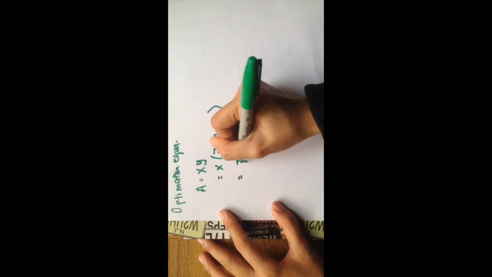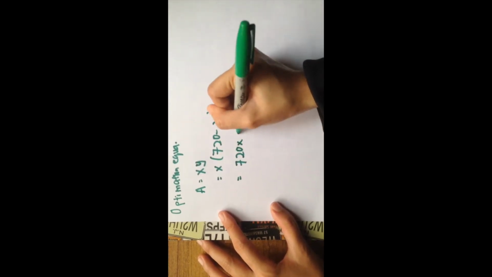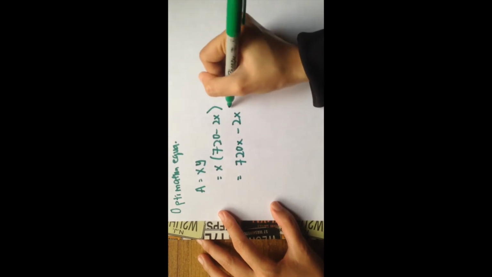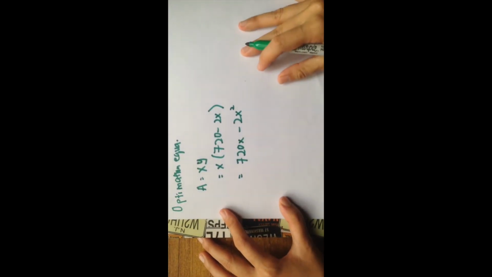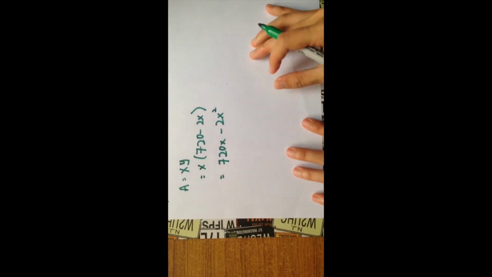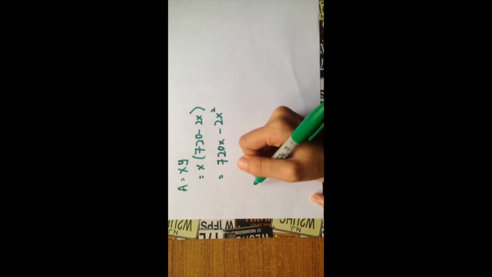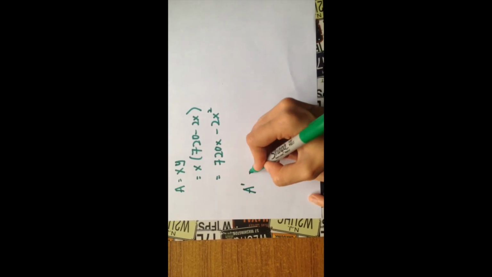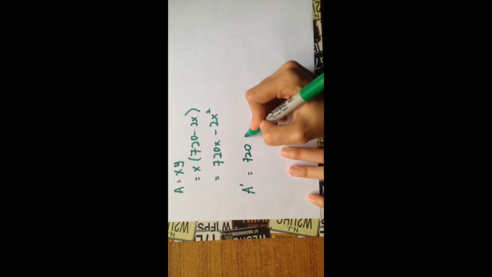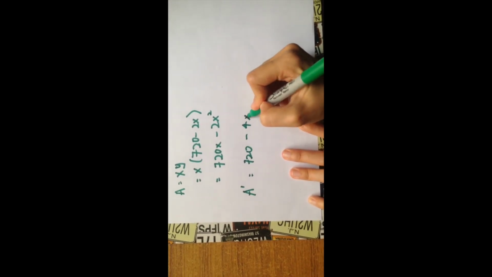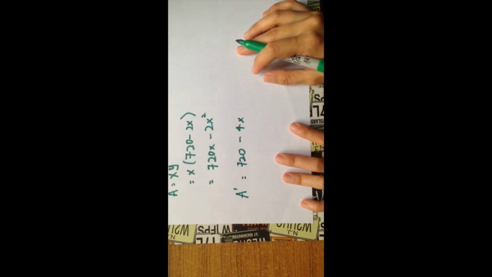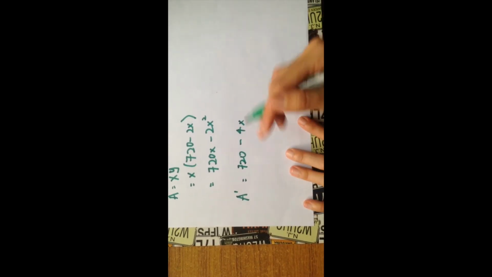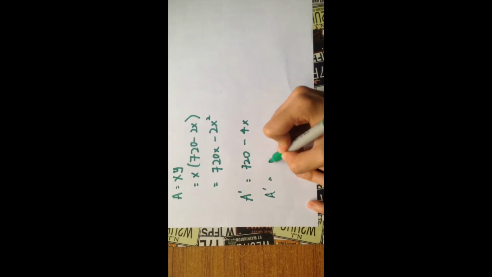So we open the bracket, we get 720x minus 2x squared. So how to find the maximum area? We have to differentiate it. A prime, we get 720 minus 4x. To find the maximum area, let A prime equal 0.